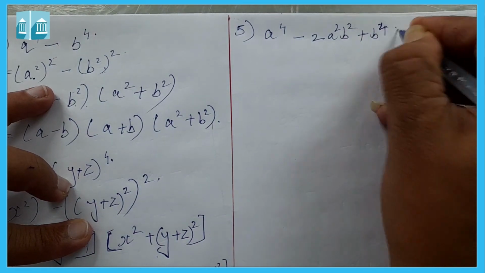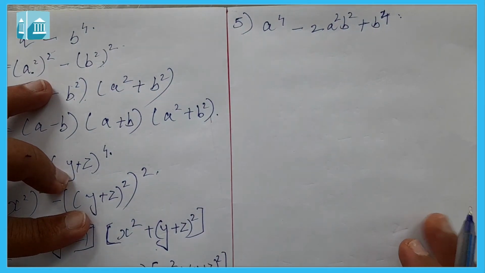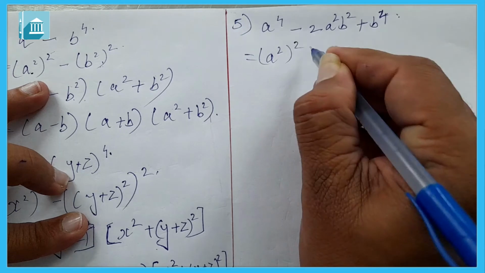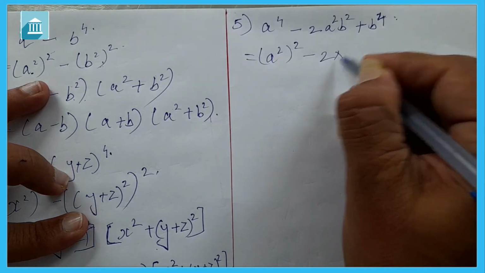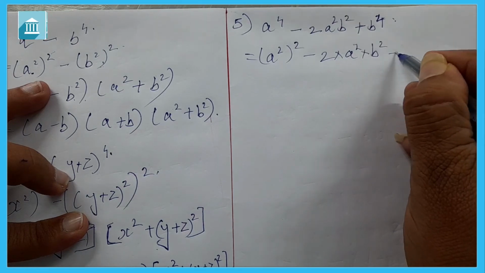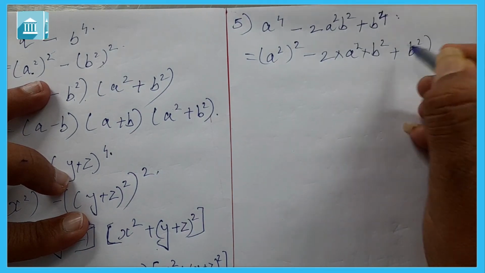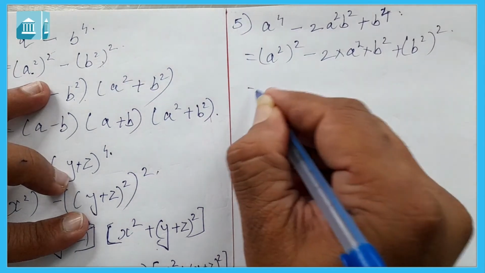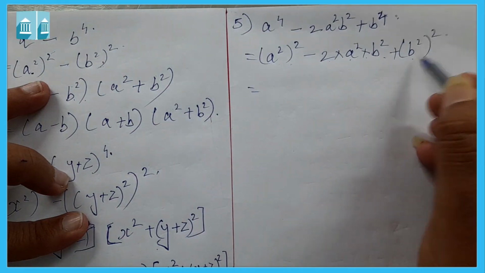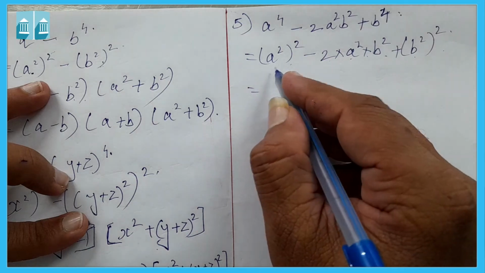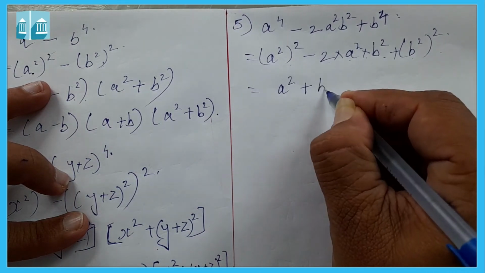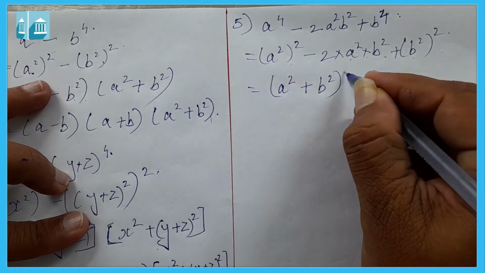Now this can be written as (a square) whole square minus 2 into a square into b square plus (b square) whole square. Now this will be a square minus 2ab plus b square, so this will be (a plus b) whole square.